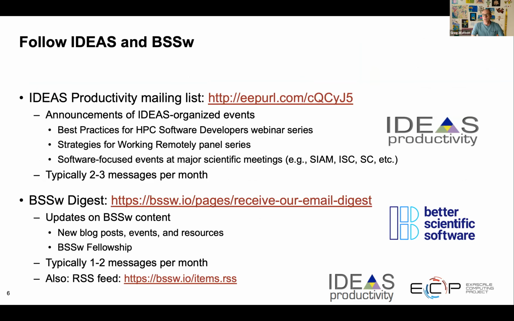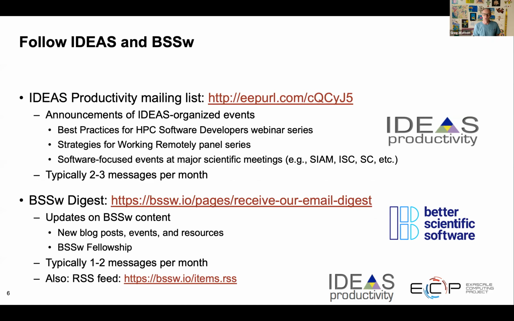If you're interested in participating more in IDEAS and BSSW, there's an IDEAS mailing list, which is used for announcements of different events and so forth. It's very good, three messages per month, if you're interested in finding out more about what's going on.